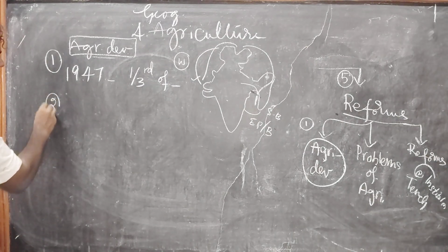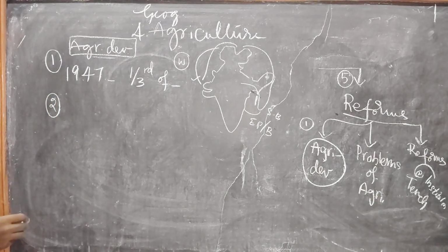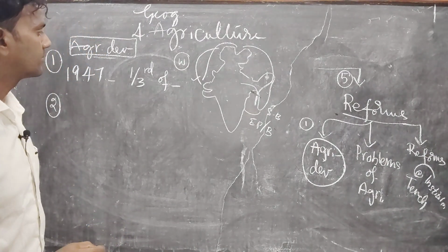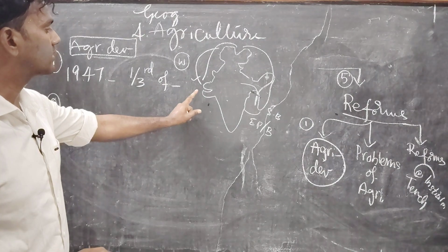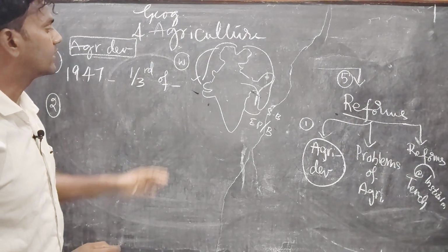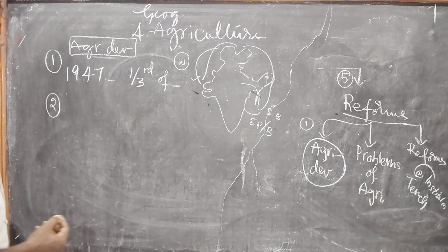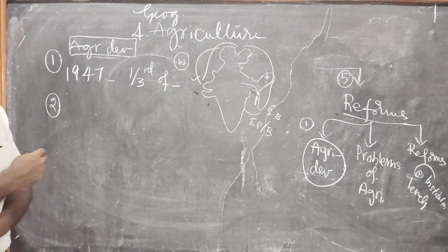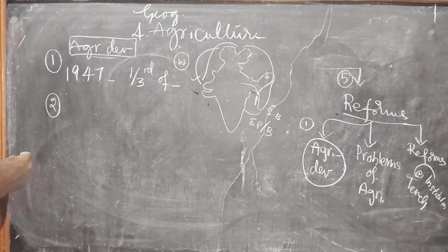To satisfy the hunger of the Indian population, we need to cultivate crops. But the problem is that the fertile and irrigated land went to Pakistan. So initially the government took 3 steps, very interesting steps we have to know.